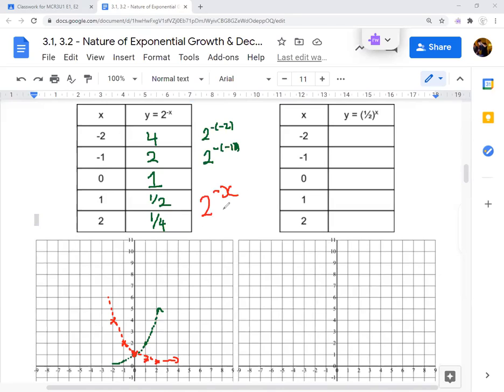Transformation wise, what would that value be? What's happening to the x? It's being multiplied by, it's not a trick question. The x here is being multiplied by a negative 1. It's the x value that's being multiplied by a negative 1.